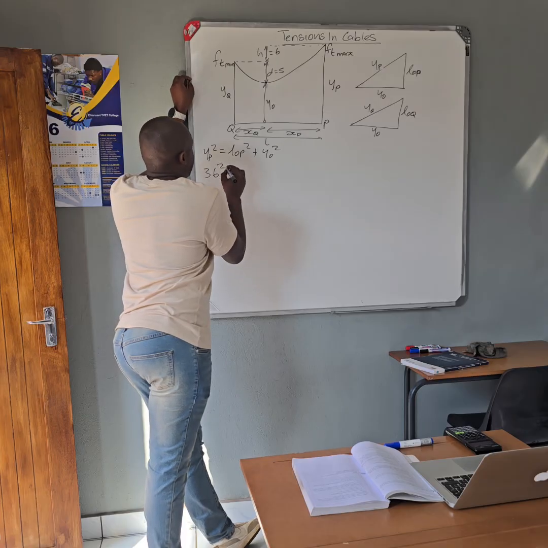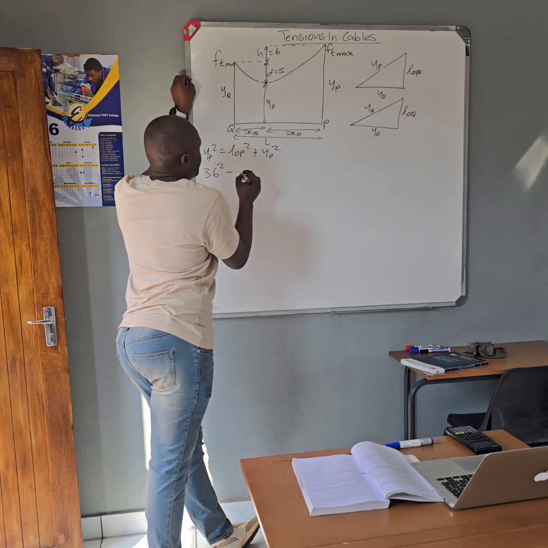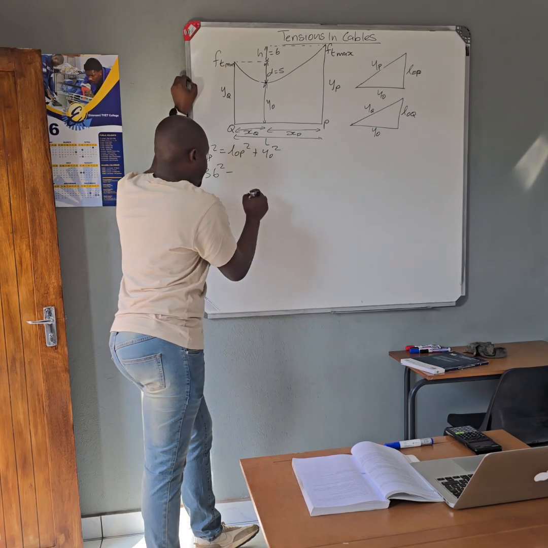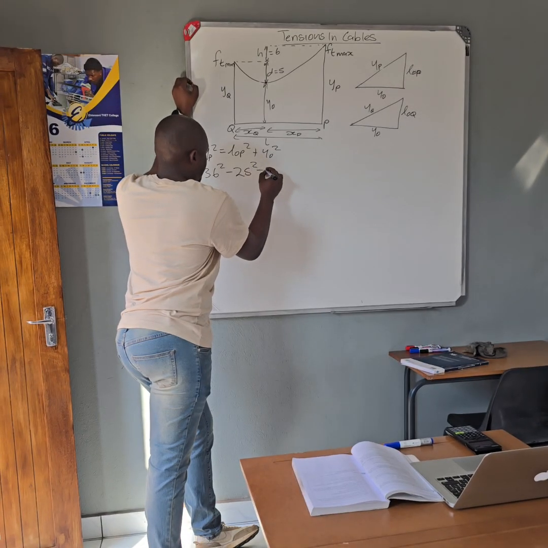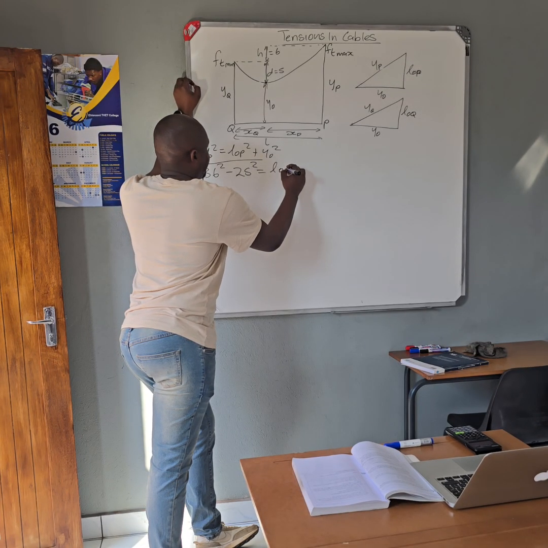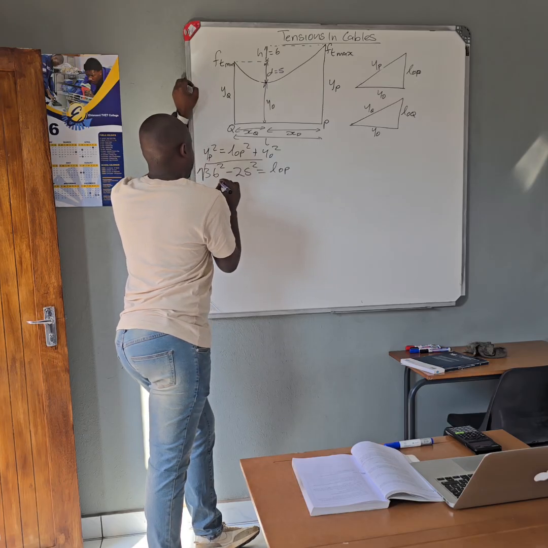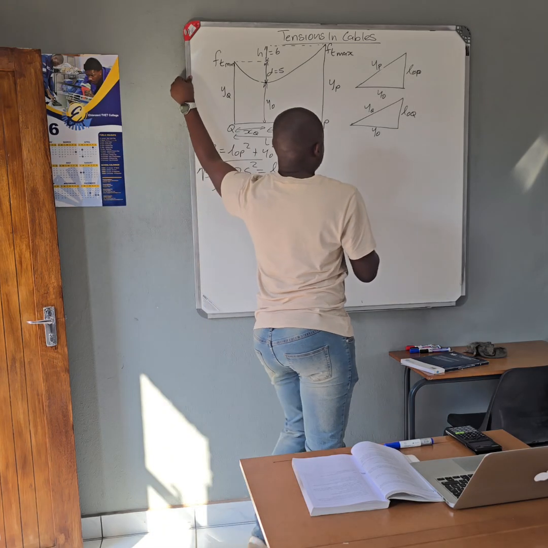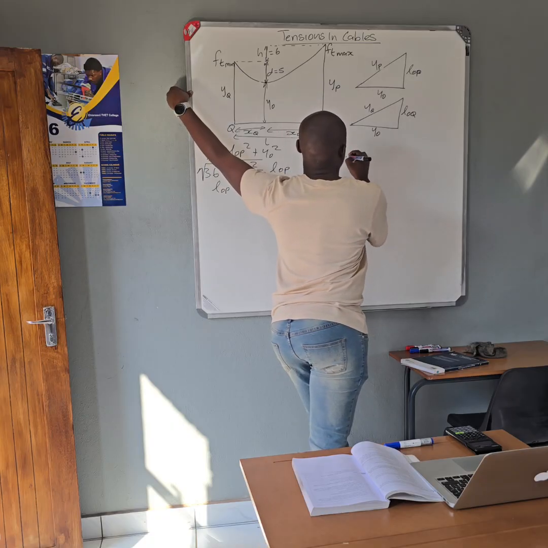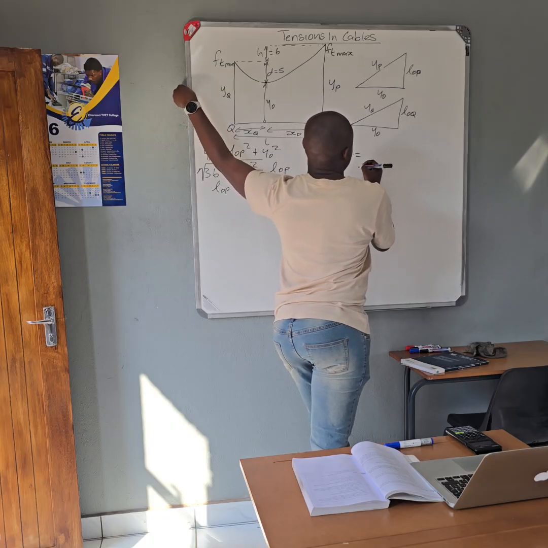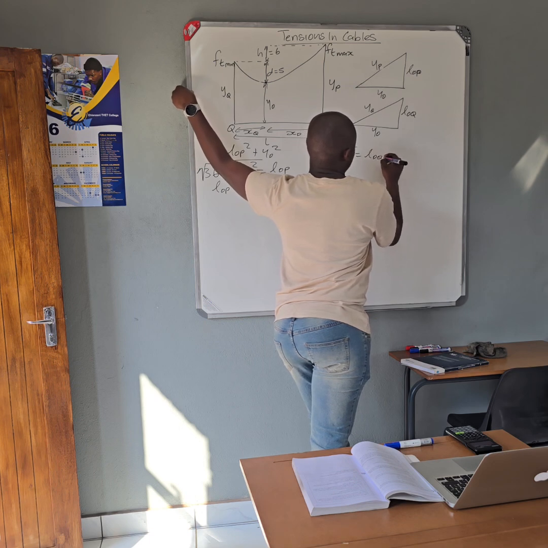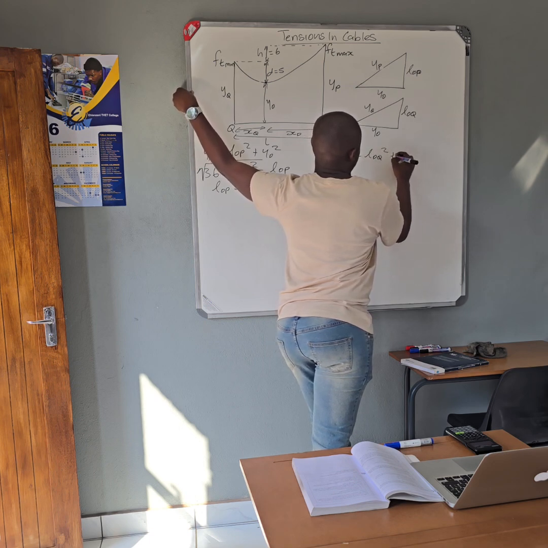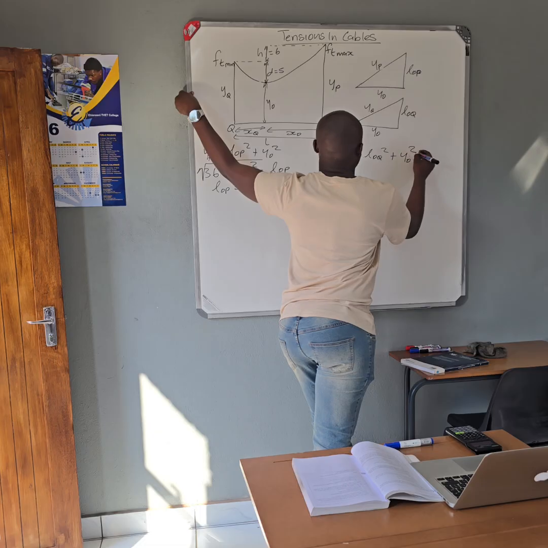So this is going to be 36 squared minus YO, which is still 25, 25 squared, and all this is going to give you LOP. YQ squared is going to be equal to LOQ squared plus YO squared.